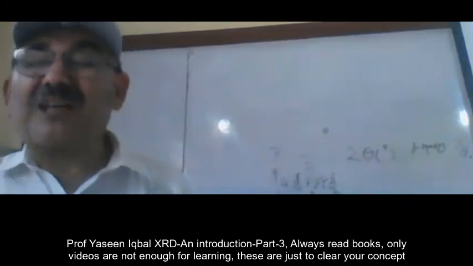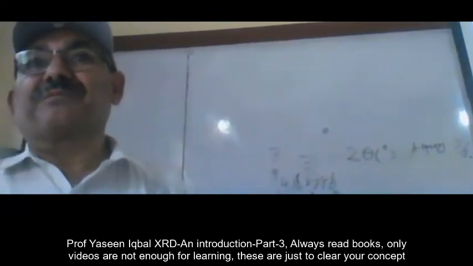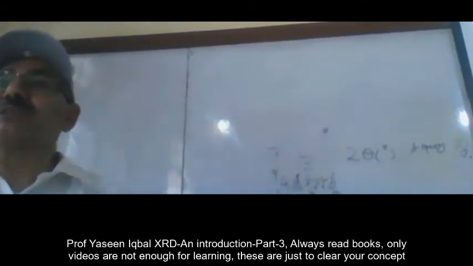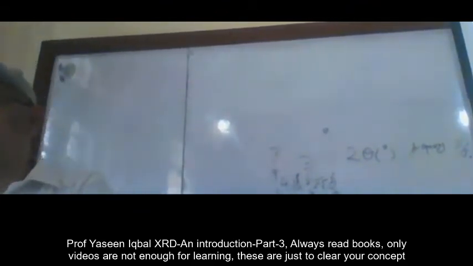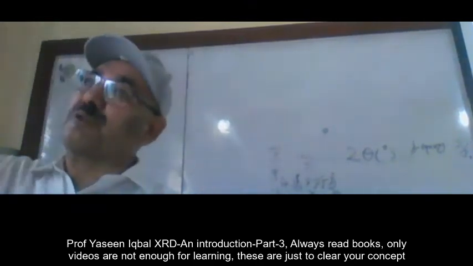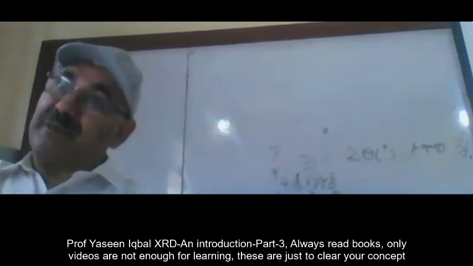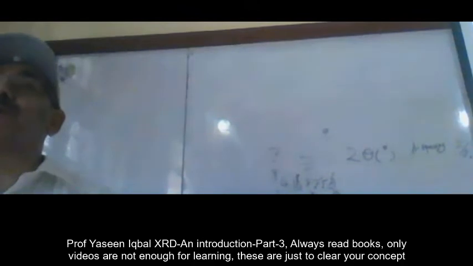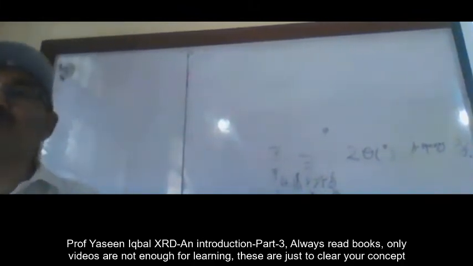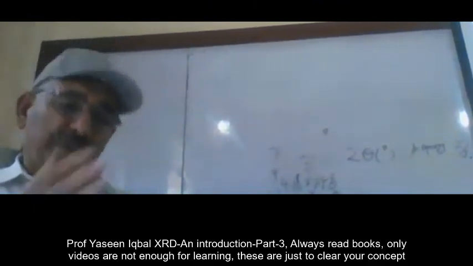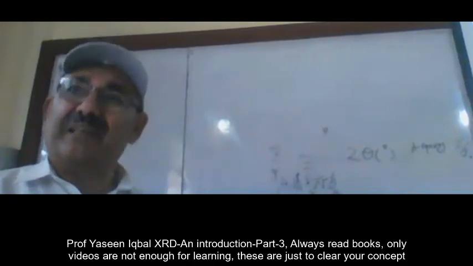JCPDS cards were in the form of books, and you had to take your list of 2 theta angles, peaks and intensities into the X-ray laboratory, where there used to be databases in the form of those books, and you had to look into each book. So when we used to go to the X-ray room in the evening, many people used to be sitting, opening the books and comparing their data.